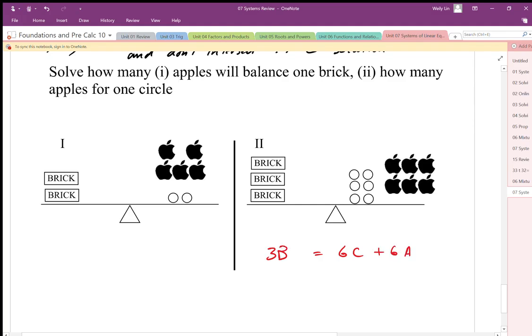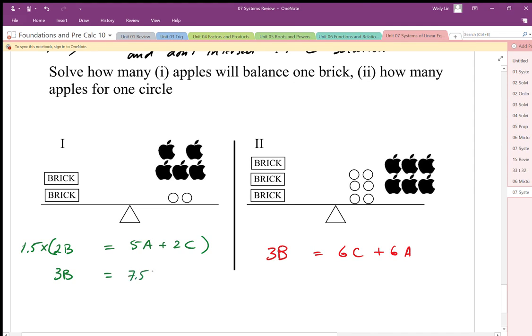So I have 3 bricks over here. I have 2 bricks over here. So what I'm going to do is do this. I'm going to take this balance, and I'm going to multiply this by 1.5. And by doing that, I'm going to end up with 3 bricks. Now, I'm going to end up with part apples.